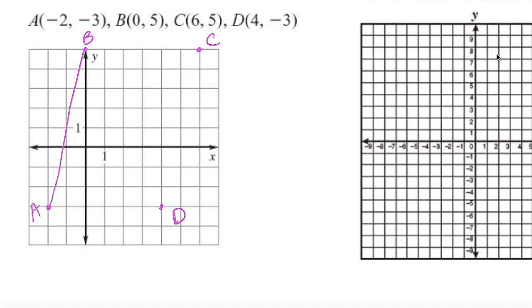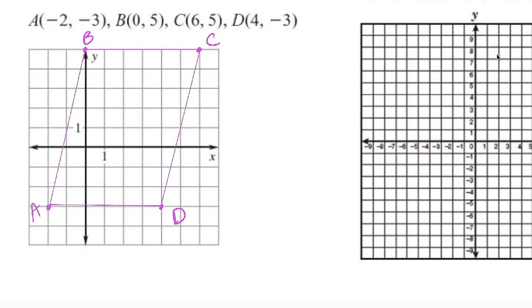So if I connect my dots here, all right, we can kind of tell when it's on a graph grid like this. If you have a horizontal line or a vertical line, you could pretty much get the measurement of the slope and the measurement of the length by just counting. So I wanted to demonstrate with that here.